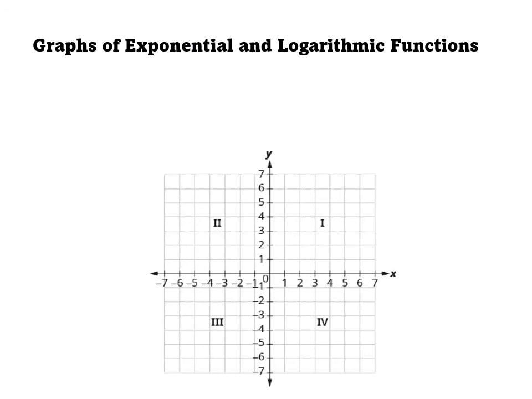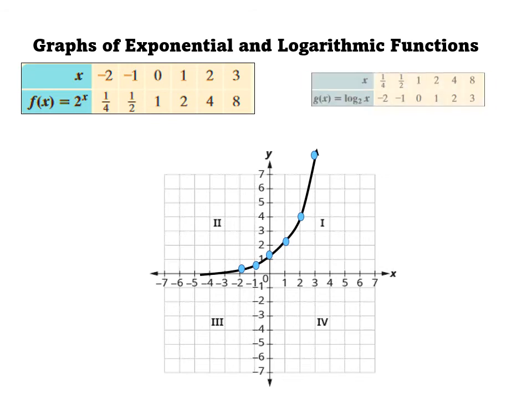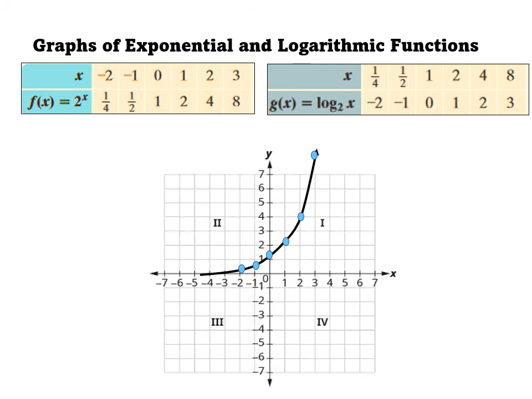Now the graphs of exponential and logarithmic functions are inverse to each other. So if I want to graph y equal to 2 to power x, so notice we took points. So that's the graph of 2 to power x. Notice the graph of log base 2 of x. We have the same coordinates but reversed.